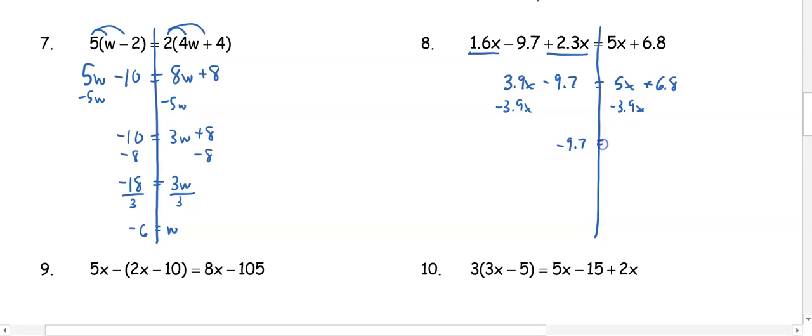Negative 9.7 equals 1.1x plus 6.8. We can subtract 6.8 on both sides. So we get negative 16.5 is equal to 1.1x. Divide by 1.1. So x equals negative 15.